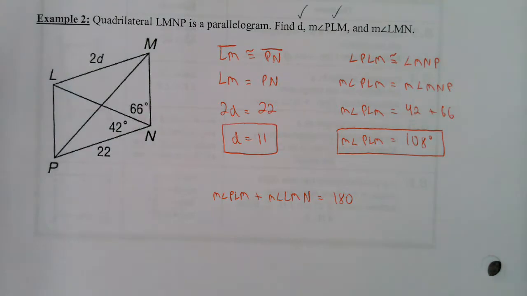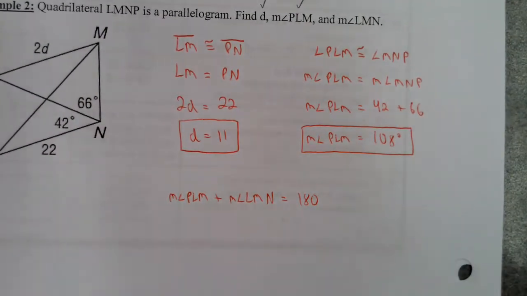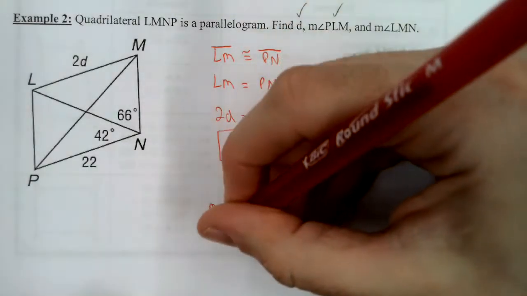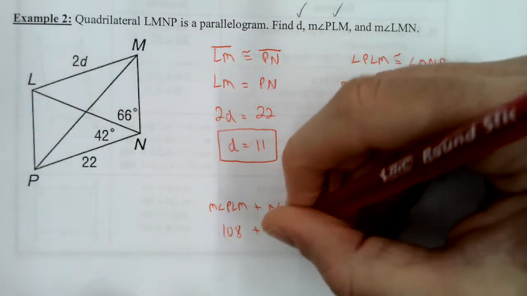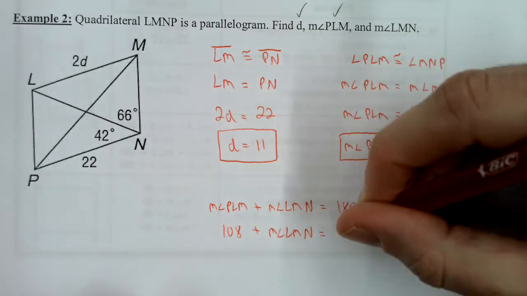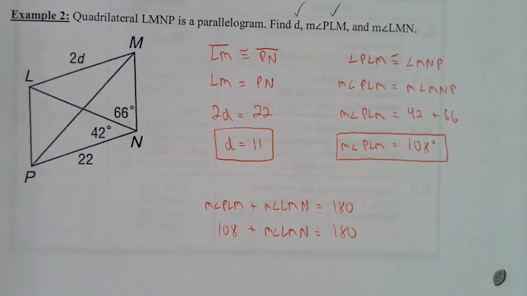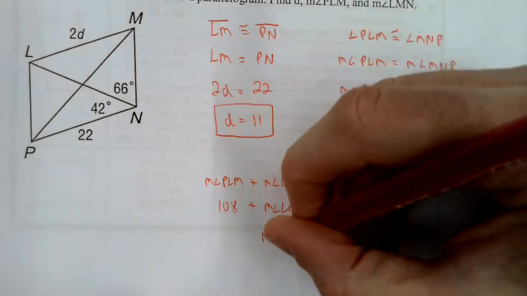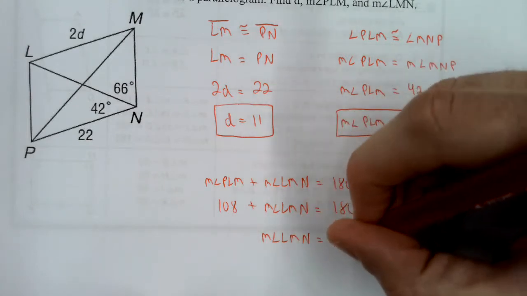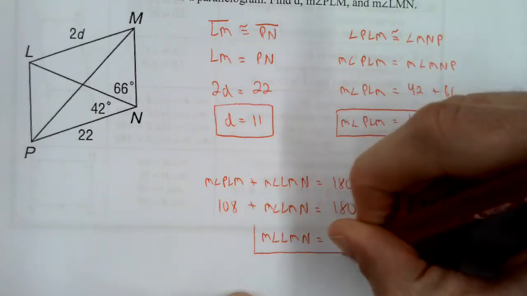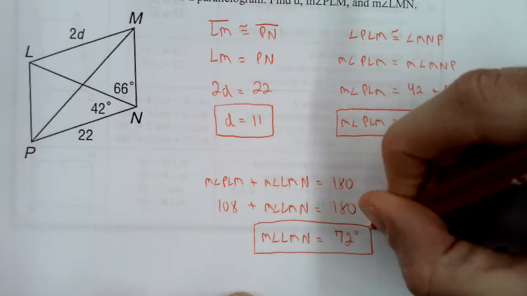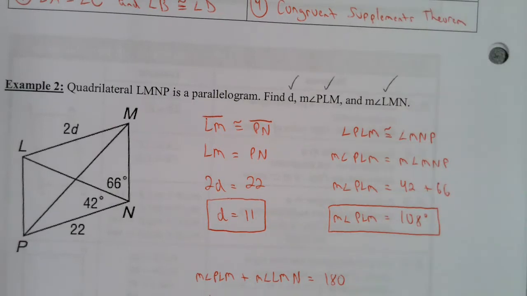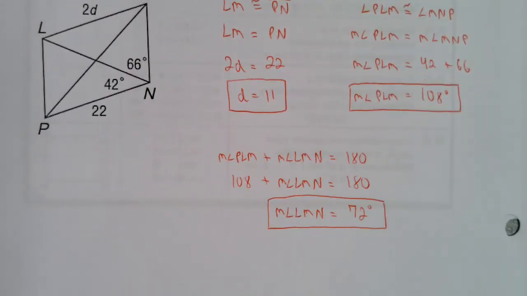So 108 plus the measure of angle LMN has to equal 180 degrees. So the measure of angle LMN equals 72 degrees. Okay, make sure you answer every part in the question. We just did.